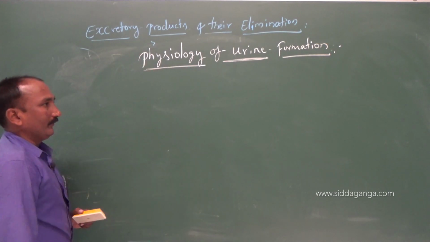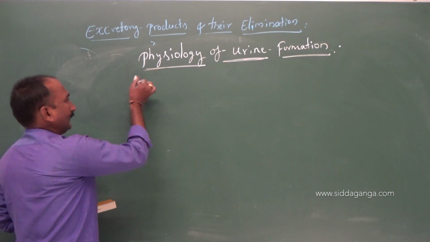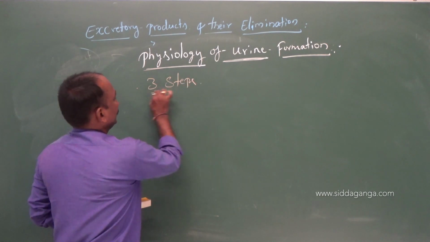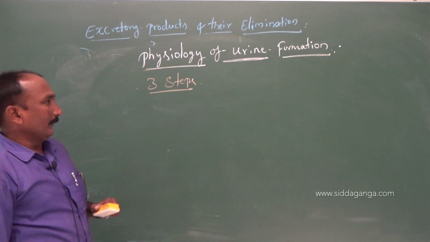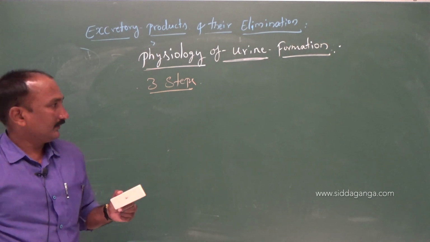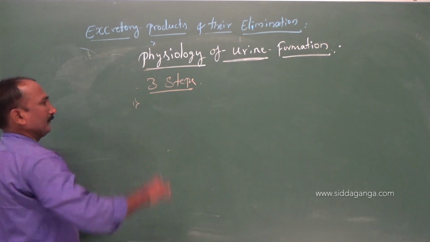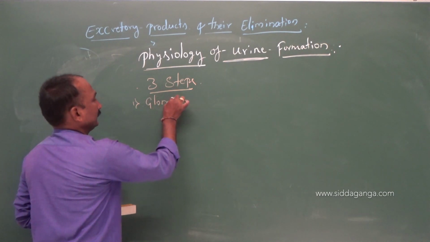The urine formation occurs in 3 steps. Majorly, it can be studied under 3 distinct steps. One by one, the first step in urine formation is glomerular filtration.